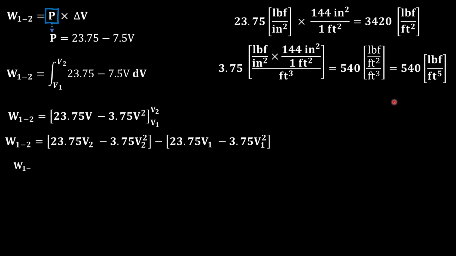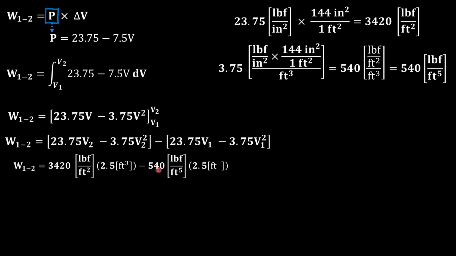All right, so now we will plug in these new values. Instead of 23.75, it will be 3420 pound force over feet squared times 2.5 feet cubed, minus the 3.75, which we changed to 540 from inches to feet, pound force feet to the power 5. And the same thing for the other term in here.